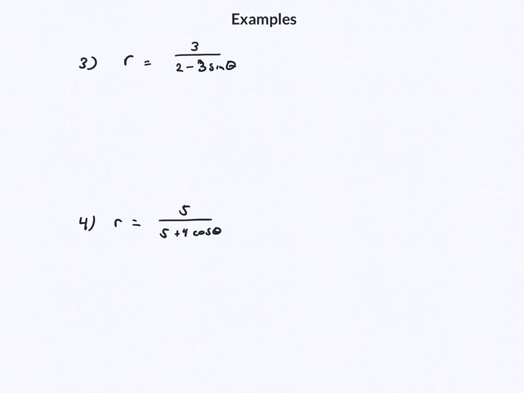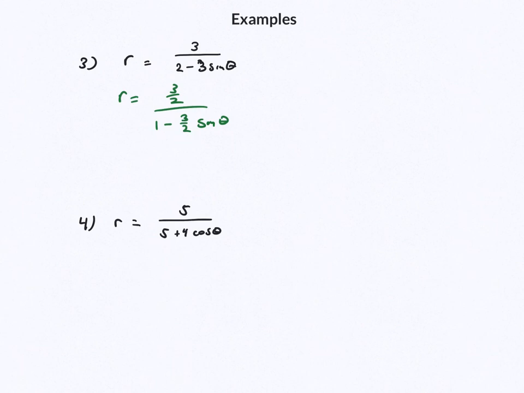So I know in this case that on this first one, I'm going to divide everything by 2. And when I do that on this problem, I will get that r equals 3/2 over 1 minus 3/2 sine theta. And now the other thing I have here, I know that when it's in this form, the coefficient on my trig function, in this case sine, is going to be equal to e.